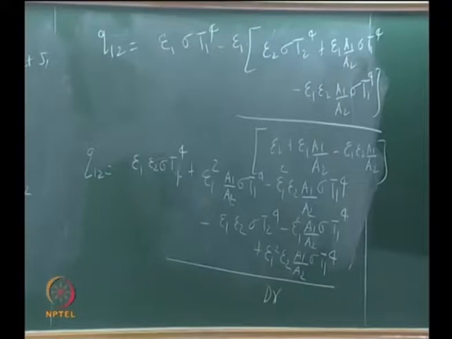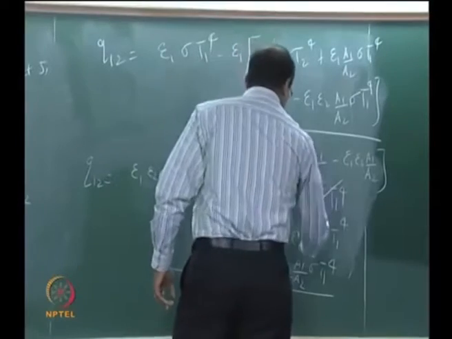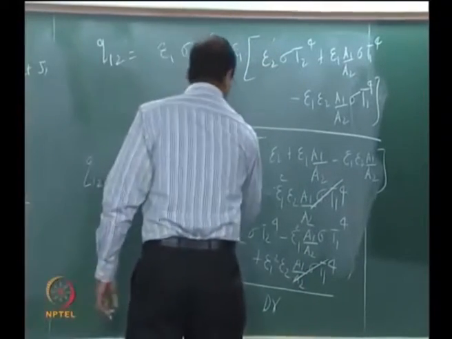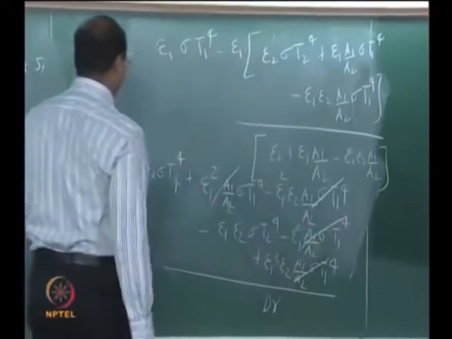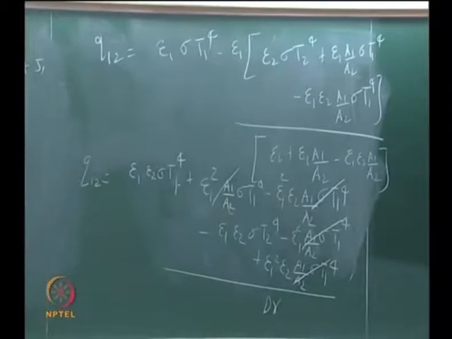Epsilon 1 squared gets cancelled, then second and fifth. What remains? Ah, it's nice. Now I know I am getting the answer.